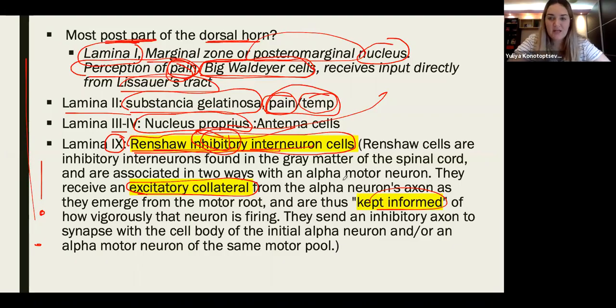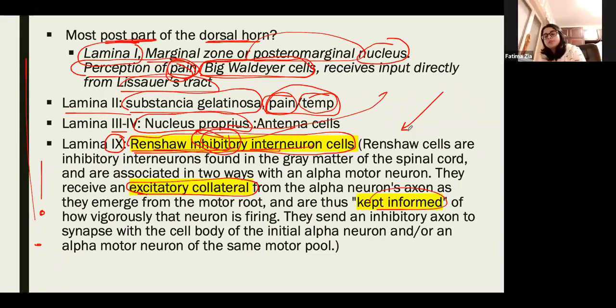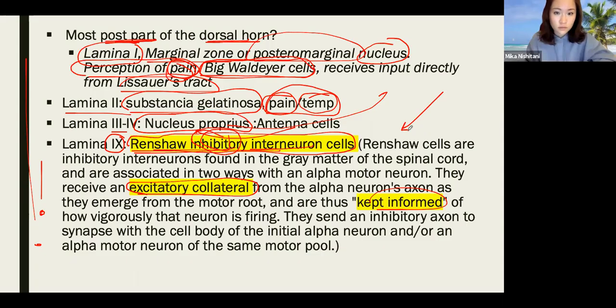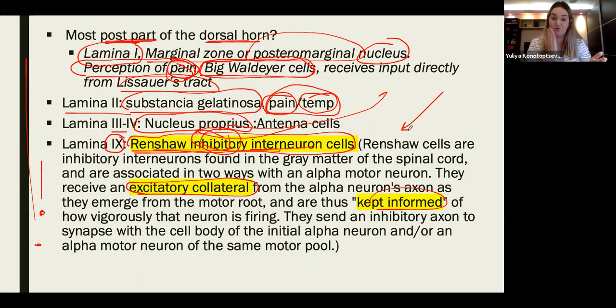And you should add something here for your neuroanatomy. There is a certain disease that inhibits Renshaw inhibitory interneurons. If I inhibit Renshaw inhibitory interneuron, what will happen to my muscles? They keep contracting. And how do we call it when it keeps contracting? Tetanus? Perfect. We call it tetanus. And which disease leads to tetanus?